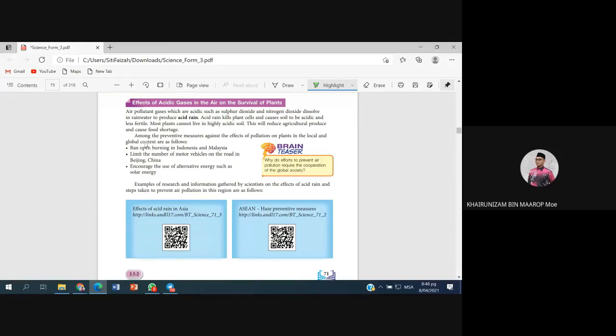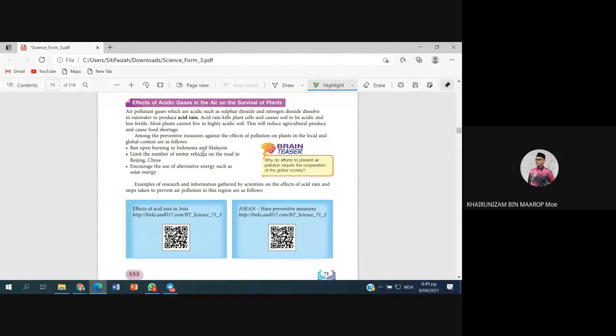So, among the preventive measures against the effect of pollution on plants in the local and global context are as follows. Ban open burning, so we cannot make open burning. And then limit the number of motor vehicles.